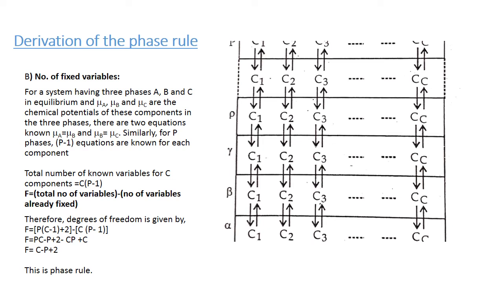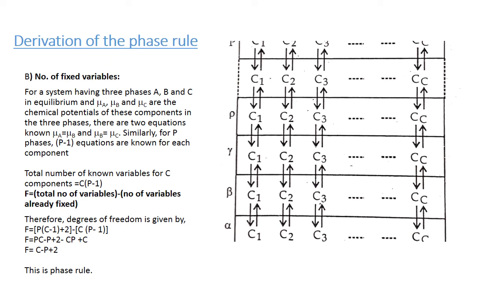Similarly, if we have a four phase system, we get three equations. If we have a five phase system, we get four equations. Similarly, in this system we have P phases, therefore we get P minus 1 equations for one component. But in this system we have C number of components, therefore the total number of fixed variables is equal to C into P minus 1.